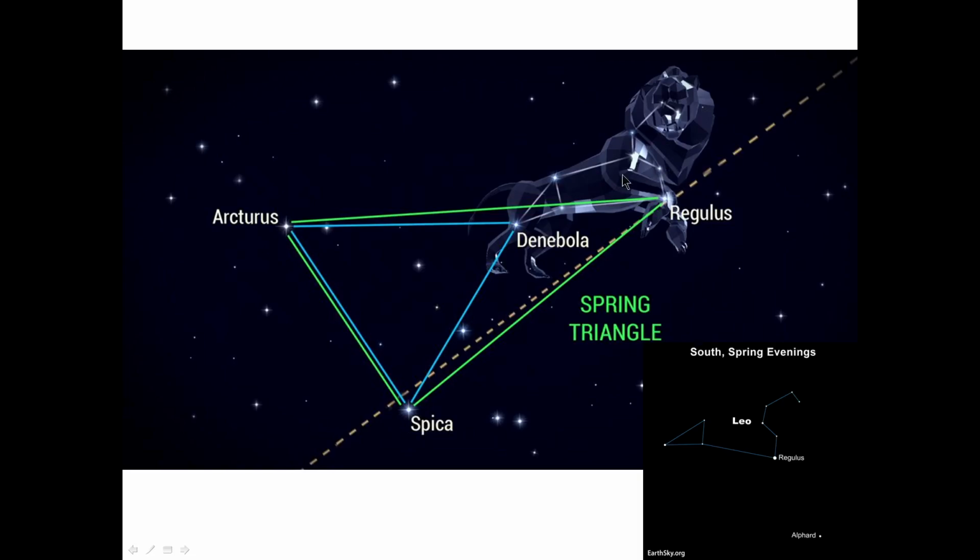And if you remember this little picture here, the constellation of Leo is close to Alphard, and it has a relationship to Alphard. So Arcturus is a very prominent star in the sky, and it's very easily found, and Alphard is very easily found through it.